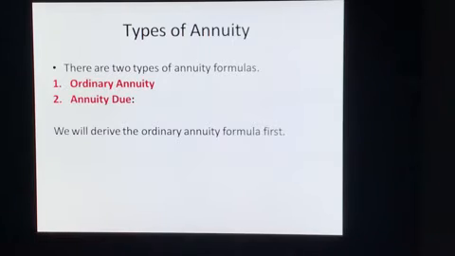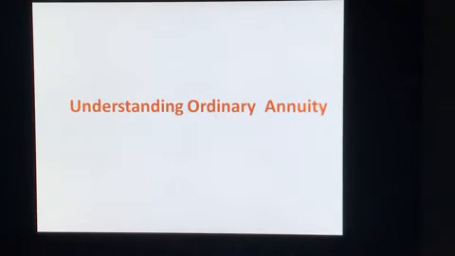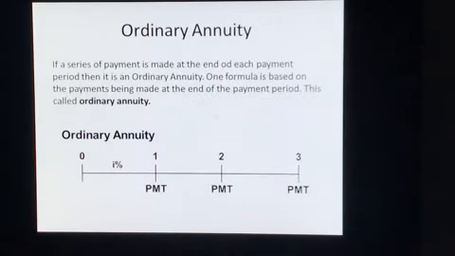We already discussed that there are two types of annuity: ordinary annuity and annuity due. In an ordinary annuity, the payments are made at the end of every accounting period, and in an annuity due, the payments are made at the start of every accounting period. So first of all, we will draw the formula of the ordinary annuity.